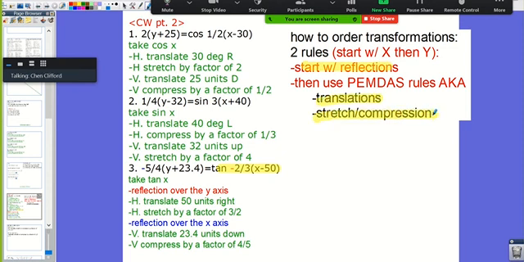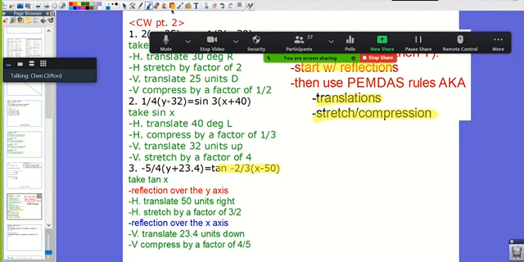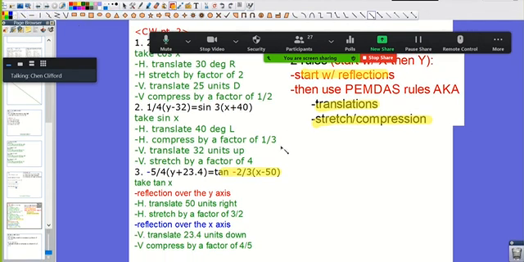Do it in that order. Or if you want a simpler rule, which might require some thinking, but it's really easy thinking at an honors pre-calc level: do reflections and then follow PEMDAS. The reflection is this minus sign, and then PEMDAS says do the parentheses, which happens to be translations. And after that, PEMDAS says multiply by the 2/3, which means stretch compressions.